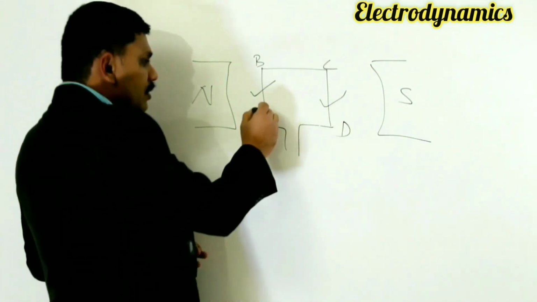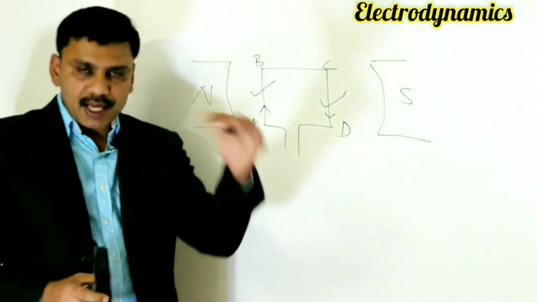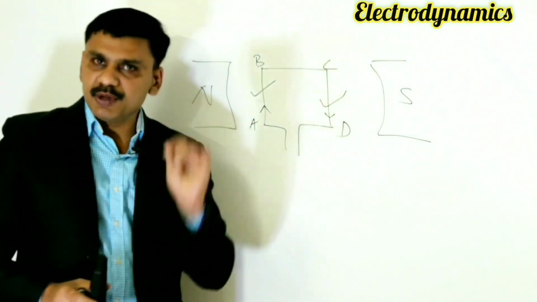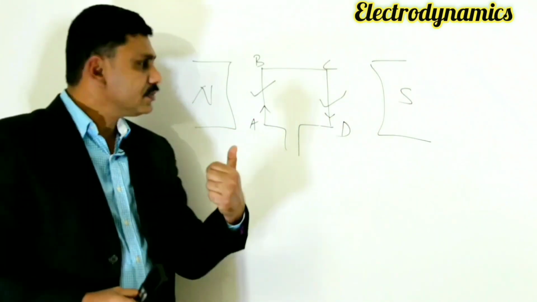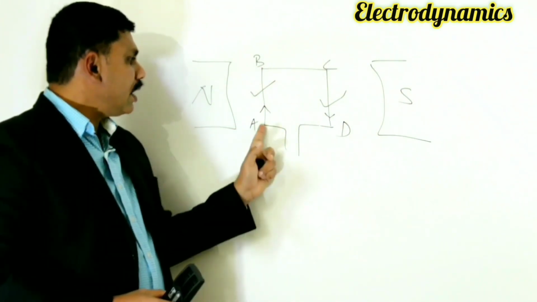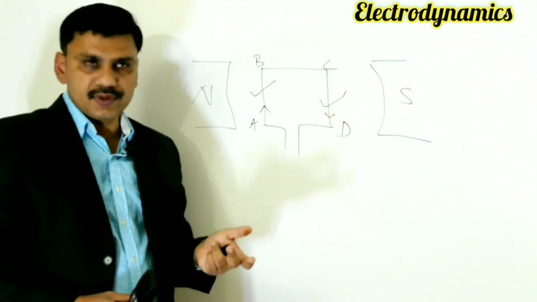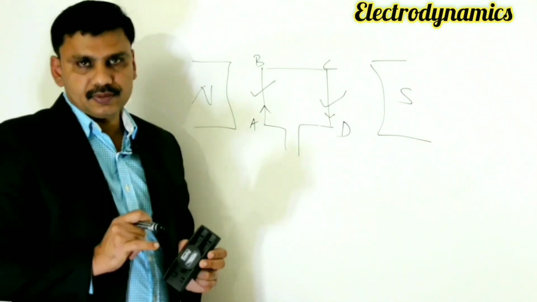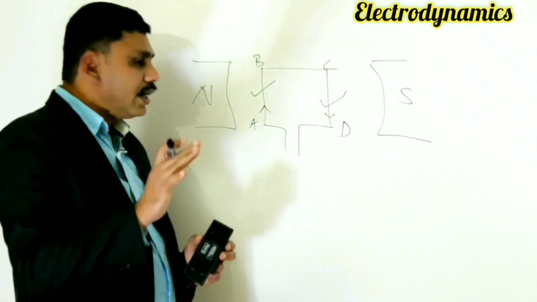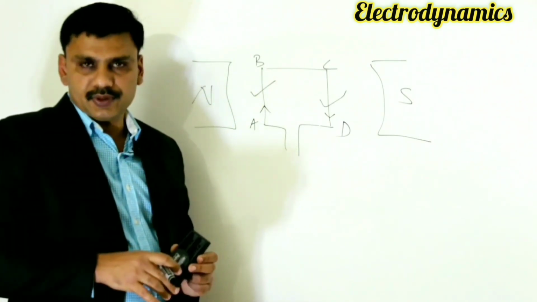When a current passes through a coil placed in a magnetic field, it will experience force. A coil has 4 sides, but only AB and CD experience force. BC and AD will not experience any force.